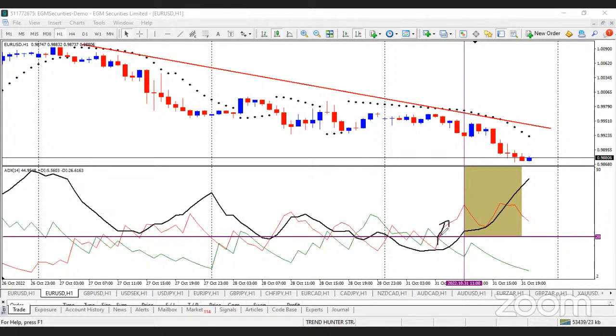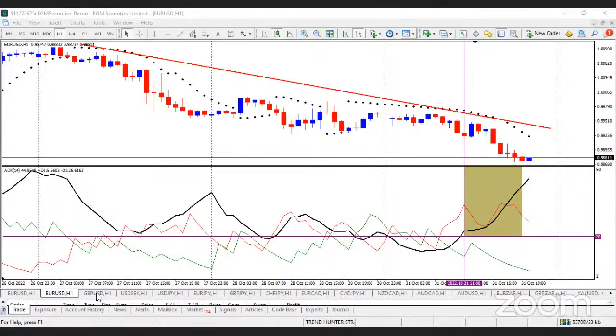The fact that the red line had intersected above the green line was signifying direction in price to the downside, so it was signifying negative momentum. As ADX continued to rise higher and higher, that momentum to the downside continued to persist. So this is a good example of a trade which you could have taken from the early hours of the London session.